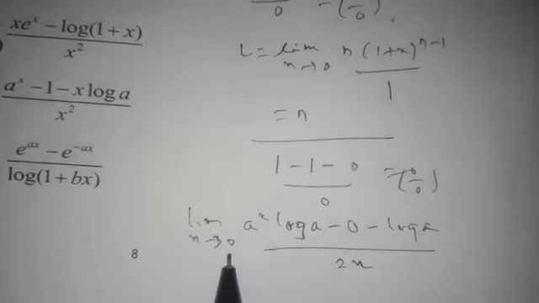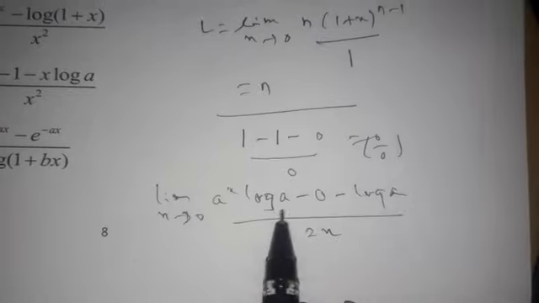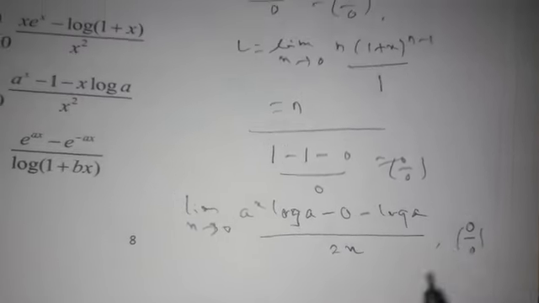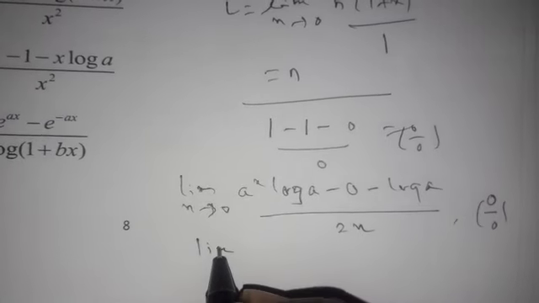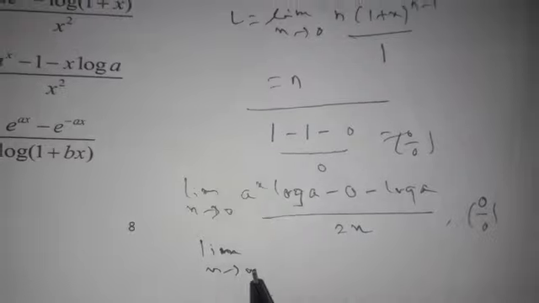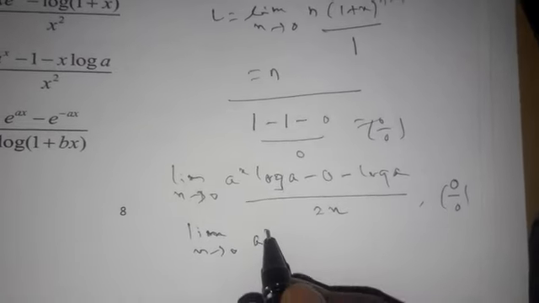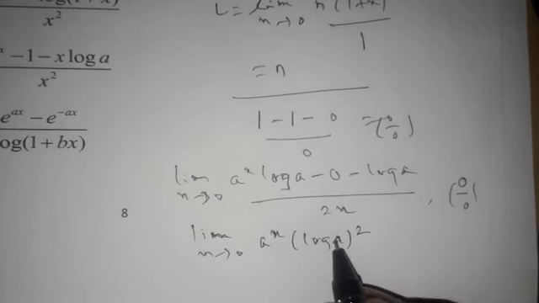Now again, if I put x equal to 0, a raised to 0 is 1, log a minus log a is 0, so it is 0 upon 0, again 0 by 0. So again by L'Hospital rule, limit x tends to 0, I get a raised to x into log a square.